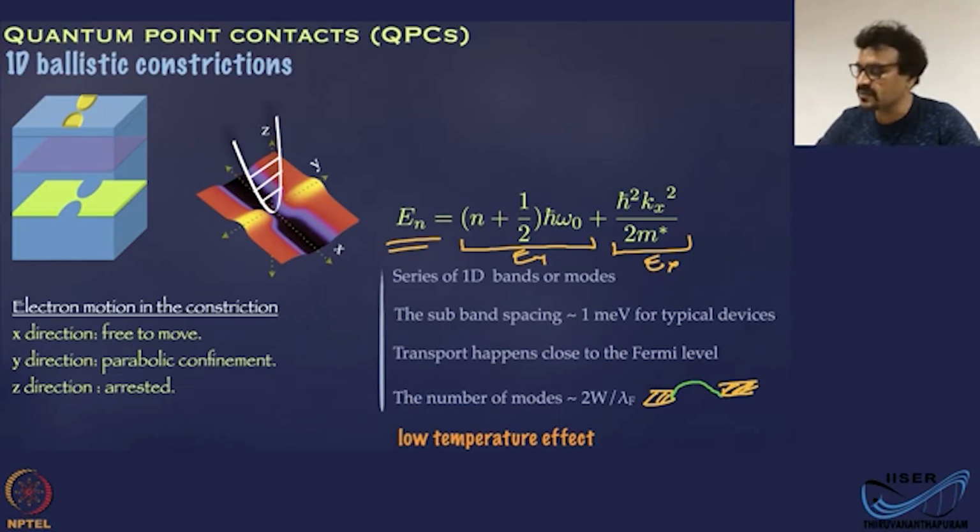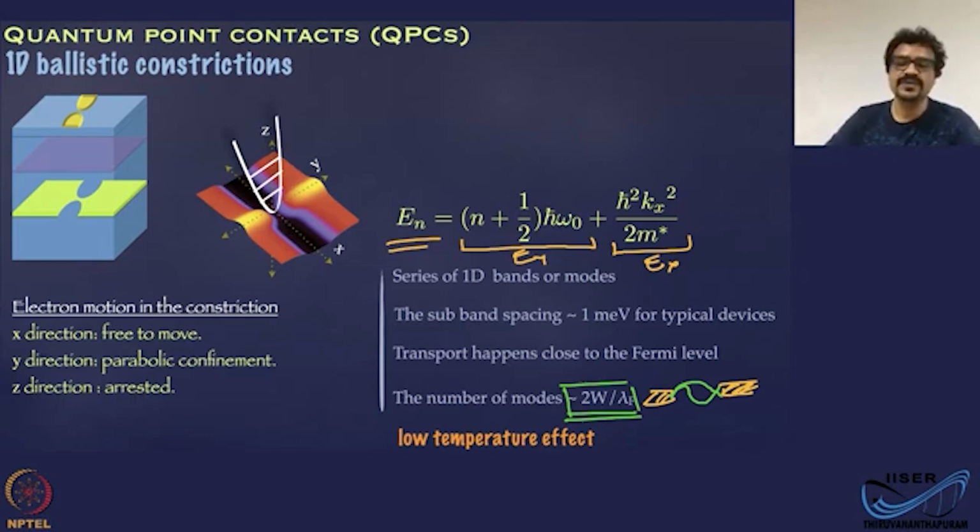It's the first mode, then you can have a second mode and so on. Okay. So the number of modes roughly is given by 2W divided by lambda_F, where lambda_F is the Fermi wavelength or de Broglie wavelength of the electron. So you will have this many modes in the constriction with a given width.